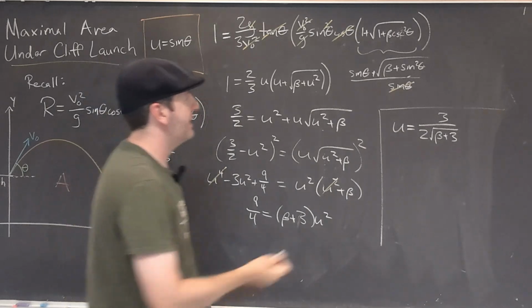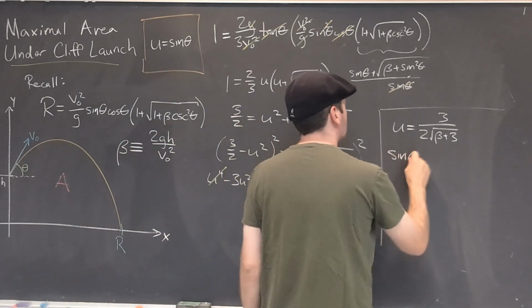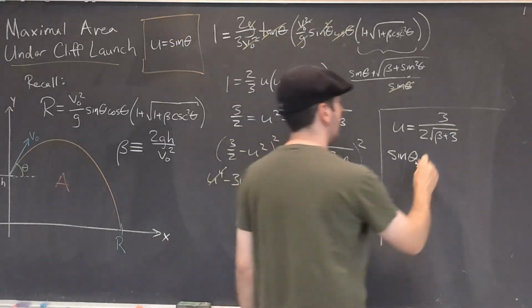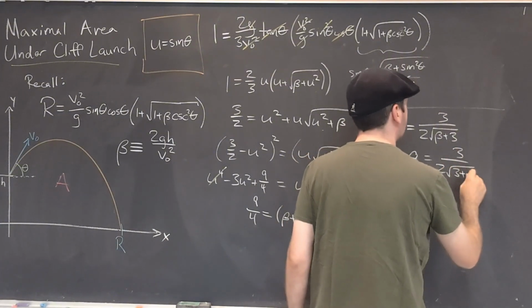Remembering that u is sine theta, we now have our optimal launch angle. So sine theta, maybe I'll call it theta star. This is the angle that maximizes the area, is 3 over 2 root 3 plus beta.